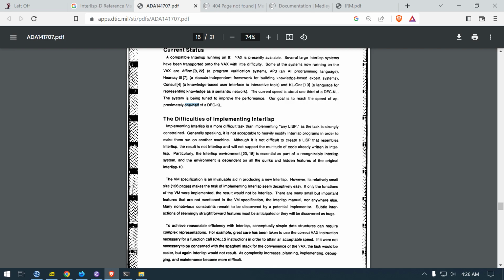Then we go over some of the difficulties of implementing Interlisp. It's saying that implementing Interlisp is a lot harder than implementing any other Lisp, because there's a whole environment tied inside Interlisp. Kind of like Cedar would be the same way if you're trying to mess with this stuff on Mesa.